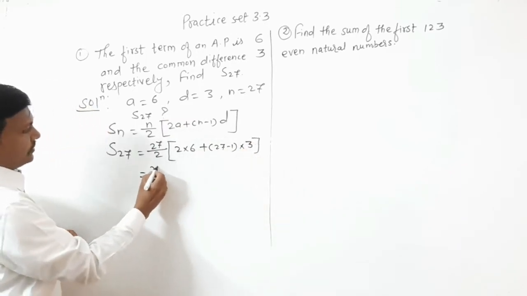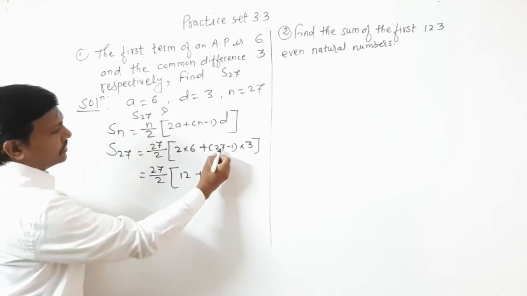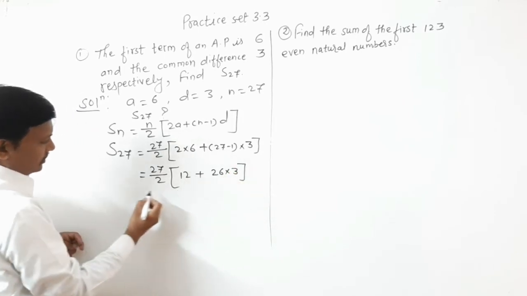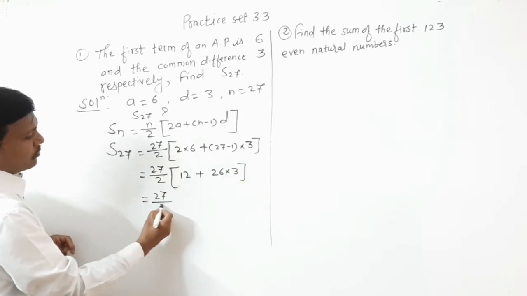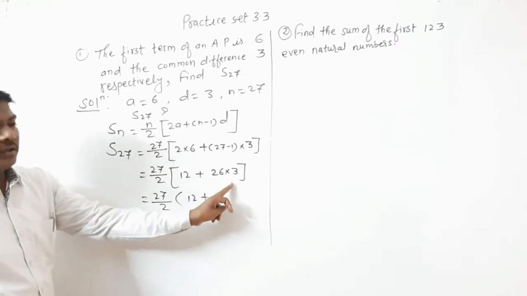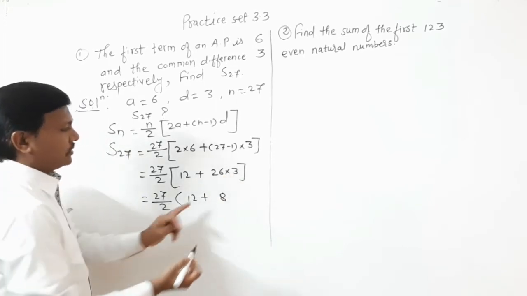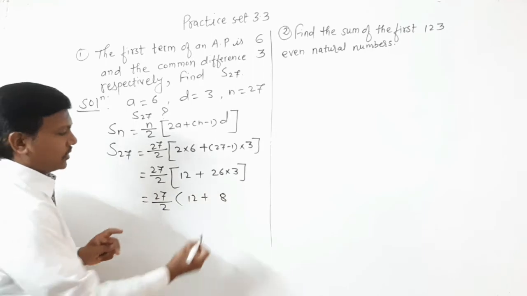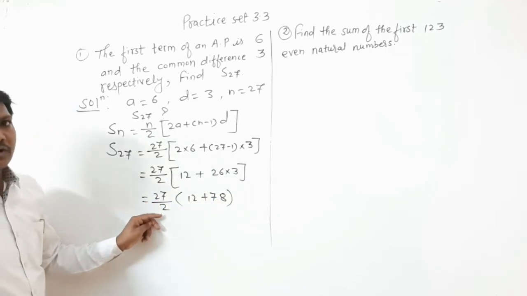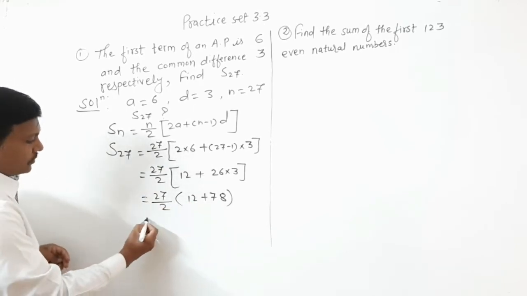Then 27 upon 2, 2 sixes are 12, plus 27 minus 1, 26, into 3, that is 3 sixes are 18, 3 twos are 6 plus 1, 7. Then find their sum, because 27 is not divisible by 2, so first we add and then divide by 2.